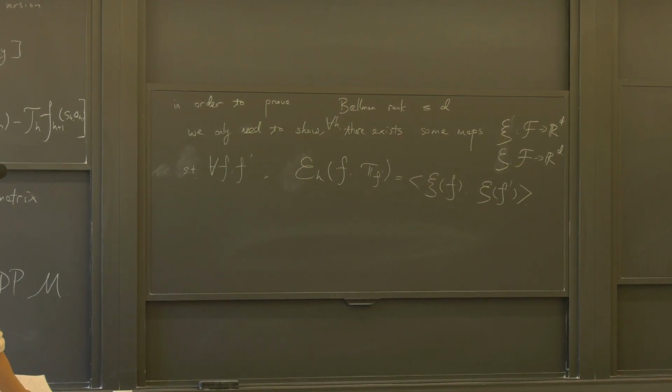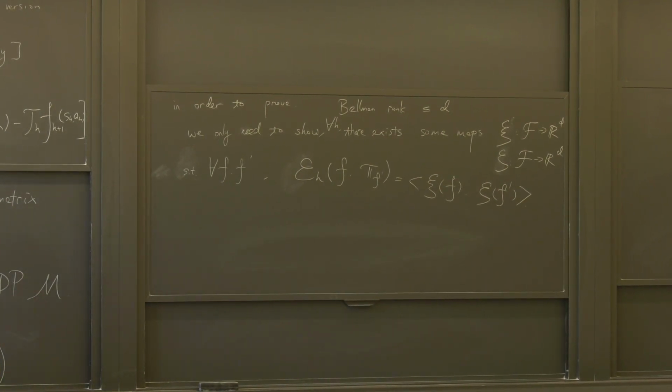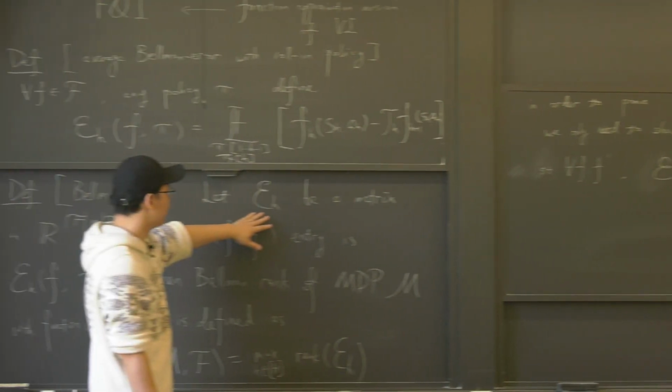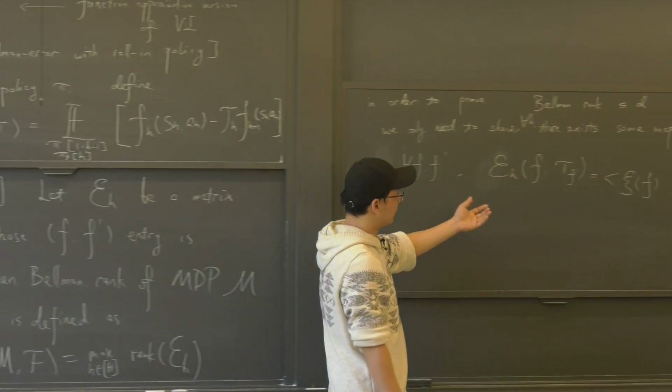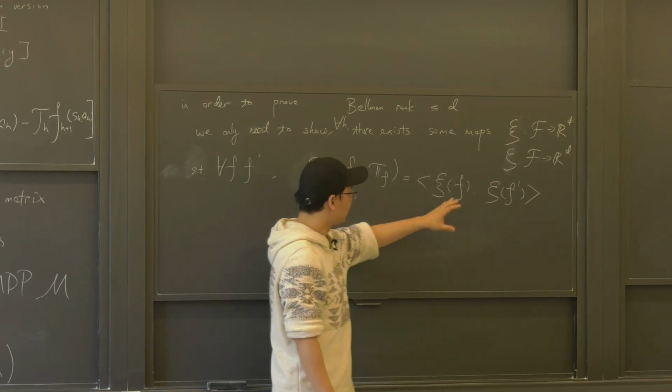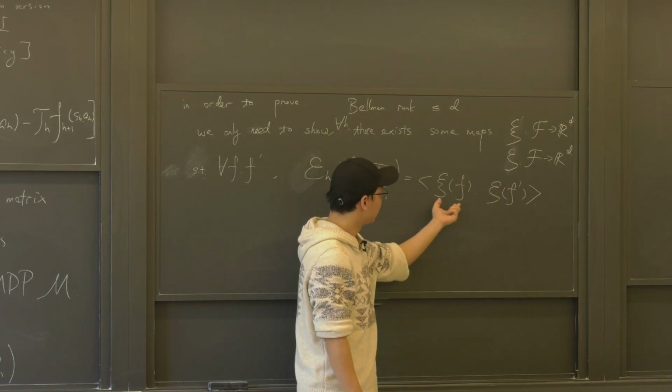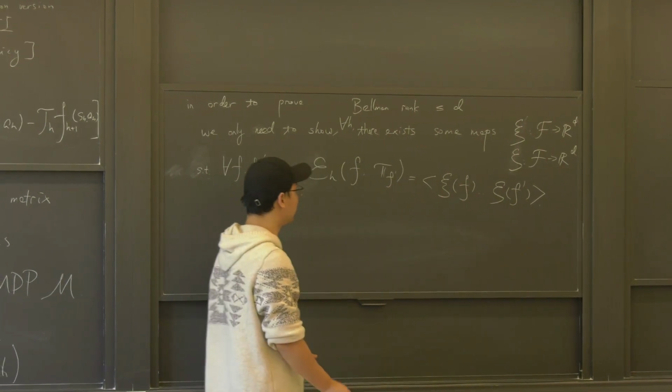Once we can show this, you can essentially think we're decomposing this epsilon matrix, epsilon h, into a lot of row vectors and column vectors, denoted by c and zeta.